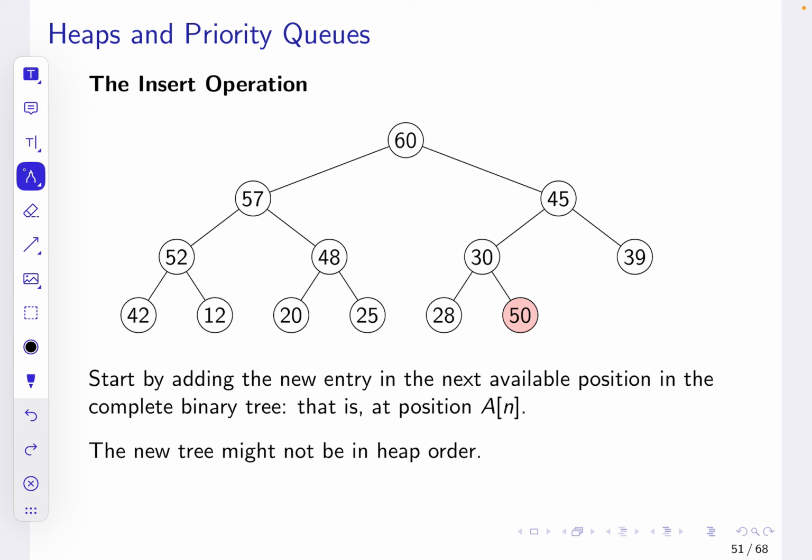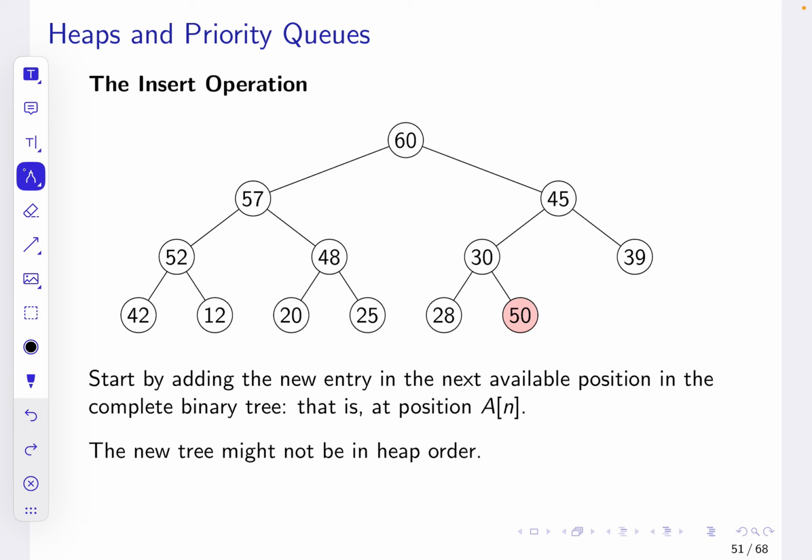Recall that heap order is sort of like a more relaxed version of the binary search tree property. Rather than the nodes having to be in a super specific order, heap order just specifies that every node should be larger than its two children.